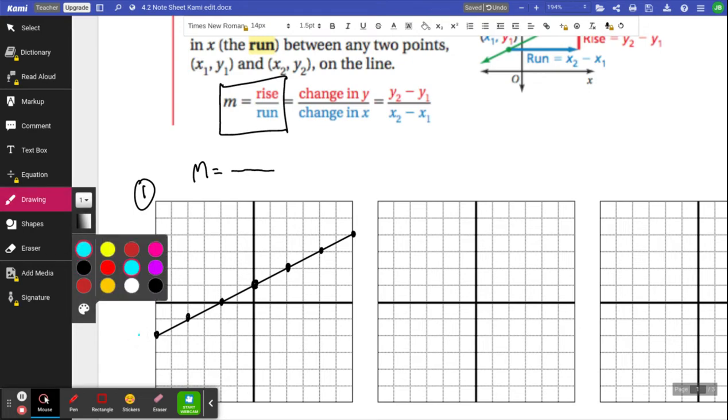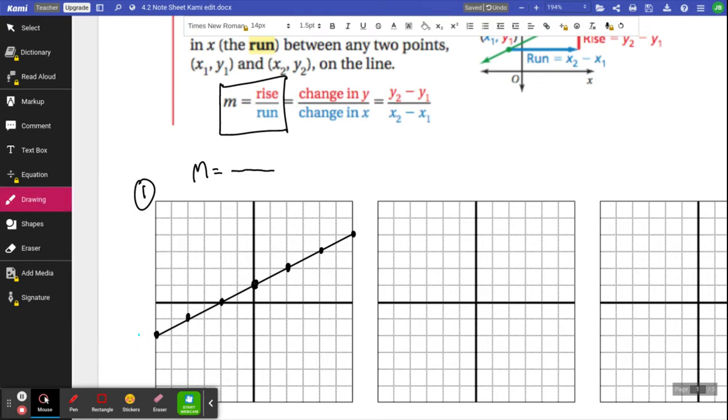And now I'm just going to check how far up and down this line goes. It looks like just up 1 and then over 1, 2. Up 1 over 1, 2. Do you guys see that? Up 1 and over 2. So the slope of this line is up 1 over 2.